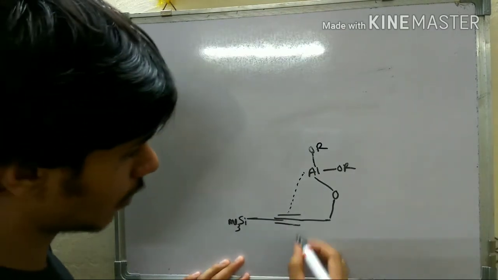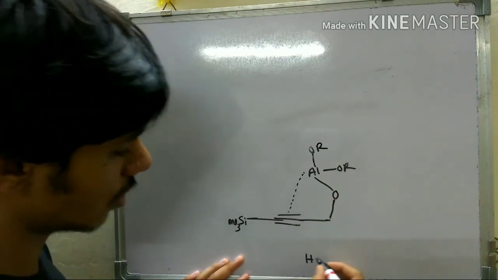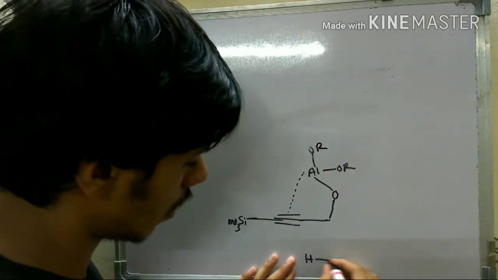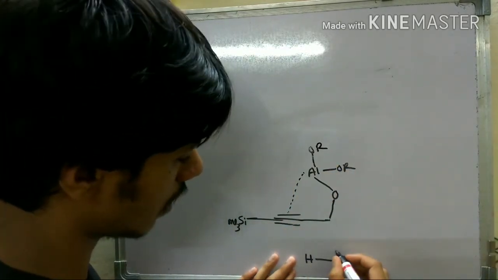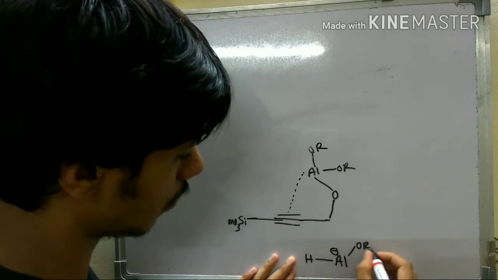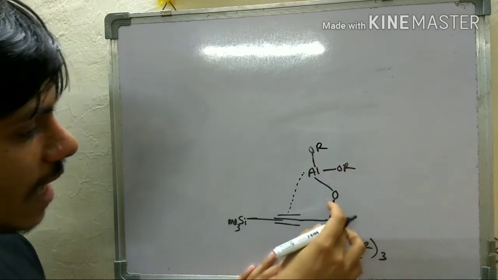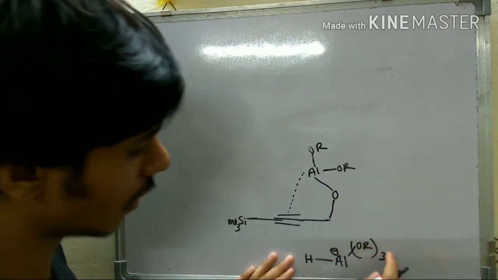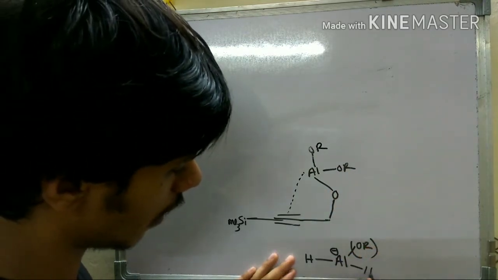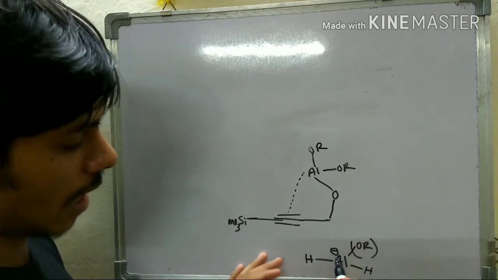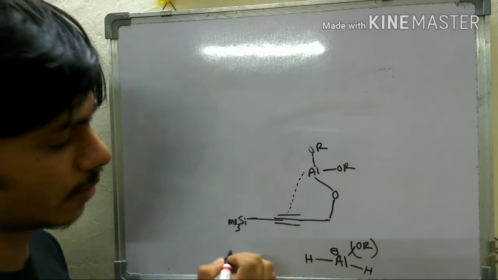Now another molecule of this Red-Al which hasn't reacted yet, or which reacted but where aluminium has a negative charge, can come closer to it. So here you will have three OR groups, because two from this and another from this, or you can have two OR and one hydrogen also. Basically you will have a tetracoordinated aluminium, and this is a hydride source.